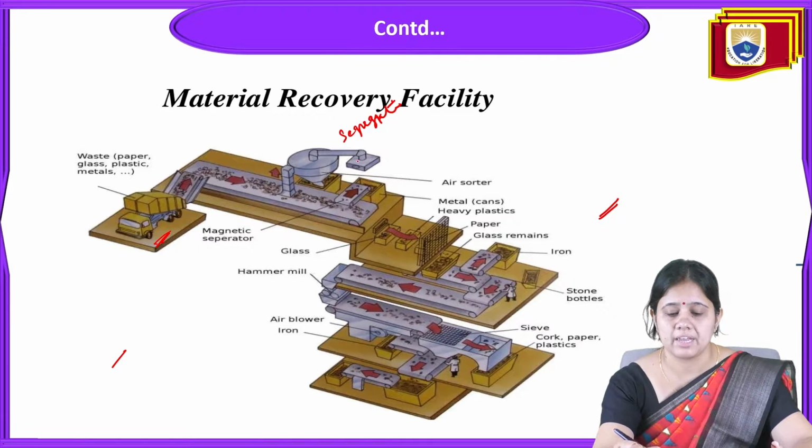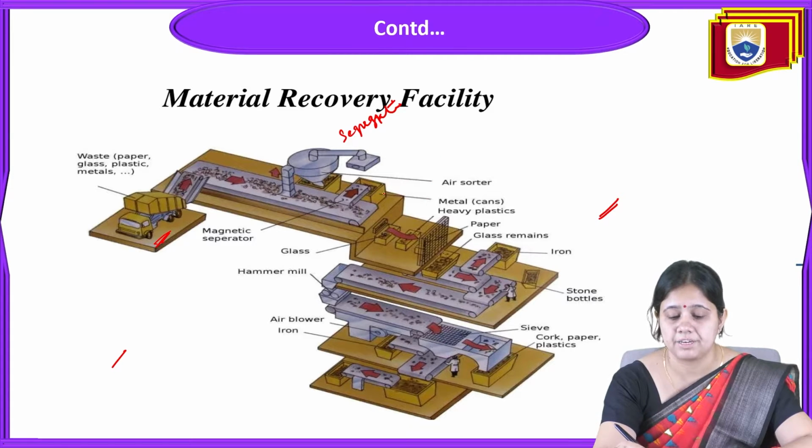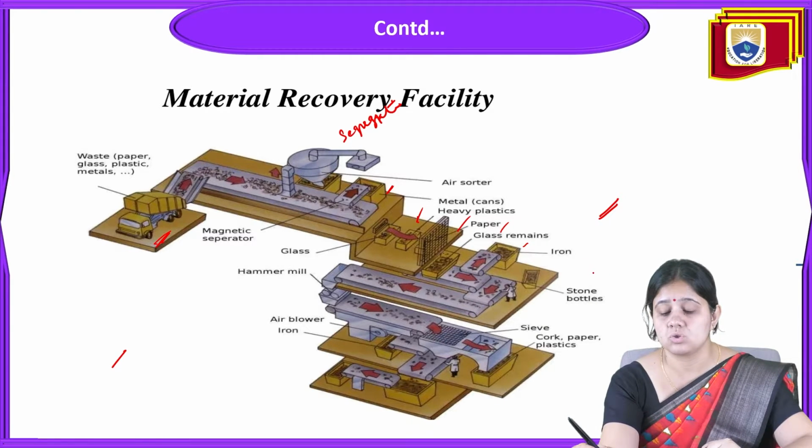Then with the air sorter, metals and cans go to a different place. They have sorted heavy metals at a different place, and paper and glass remains at a different place. Iron is here also, and then stone bottles are at one place.